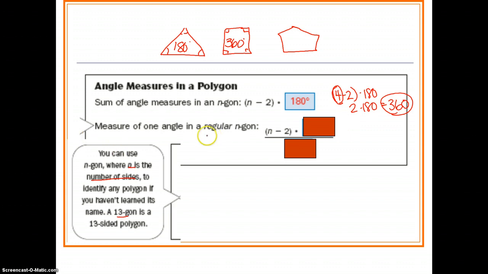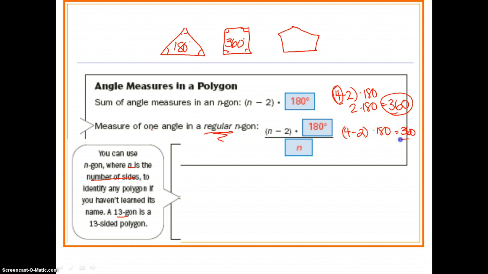Now sometimes if it's a regular polygon, a regular n-gon, you can find one angle measurement by taking that same formula, n minus 2 times 180, and dividing by how many sides there are. So for example, with the quadrilateral, 4 sides minus 2 times 180, and again, we knew it was 360.